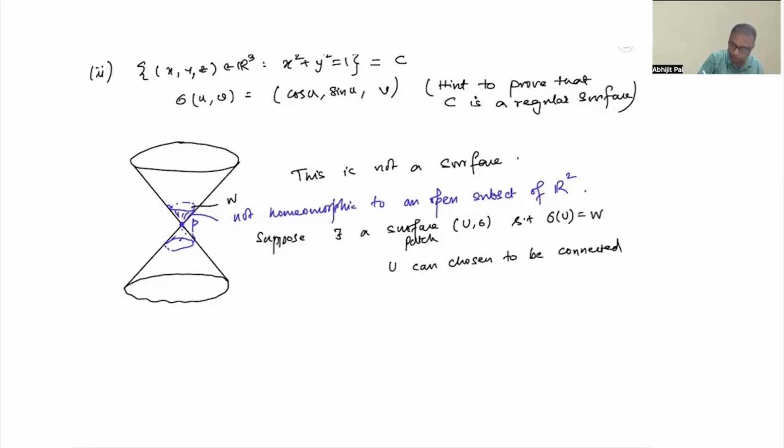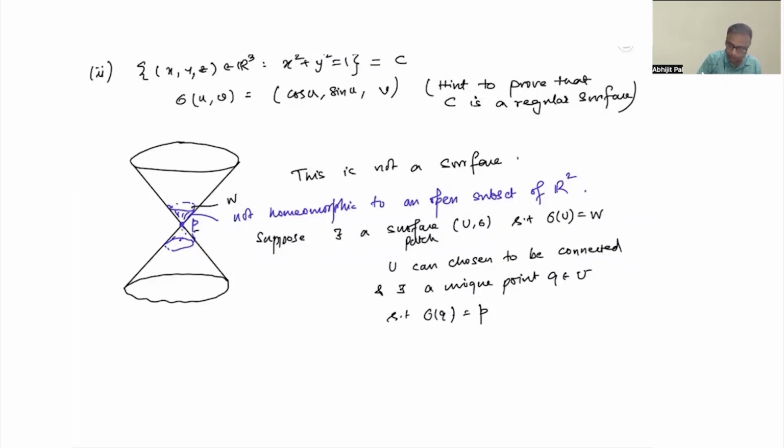And there exists q belonging to U because it is a homeomorphism. So there exists a unique point q belonging to U such that sigma of q is equal to this point P.